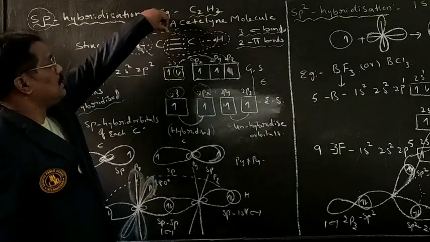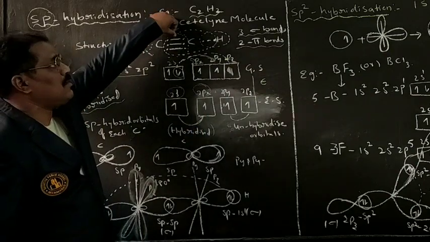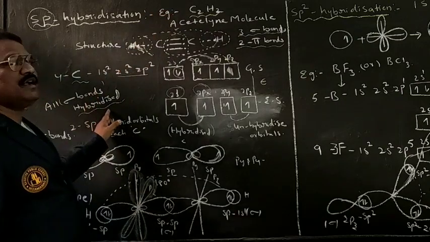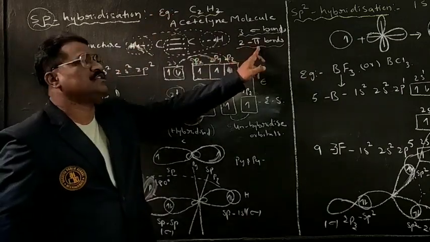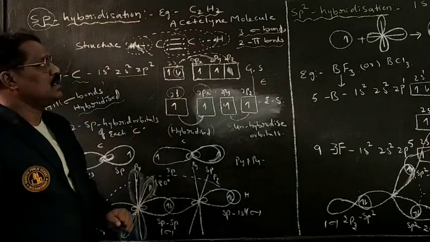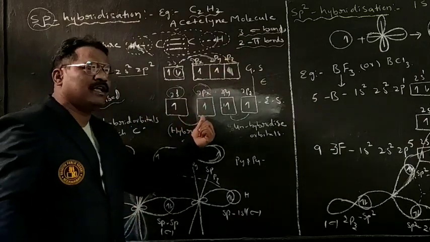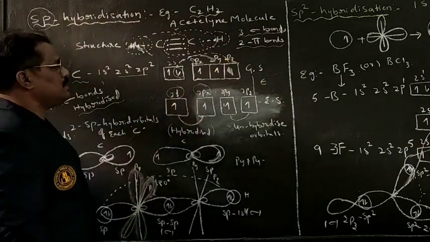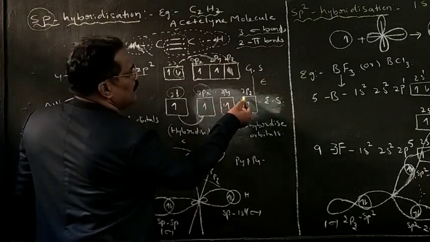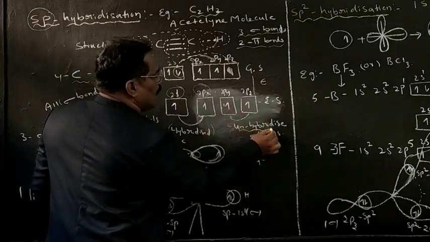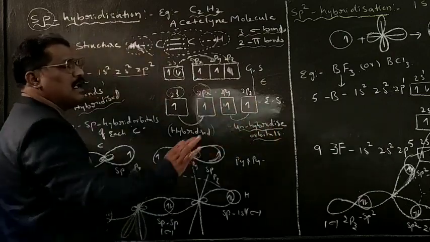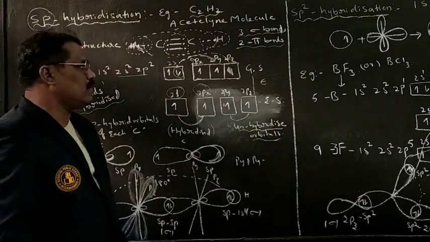Why? Because a sigma bond is forming between these orbitals. All sigma bonds will get hybridized, whereas pi bonds do not hybridize. That's the reason I have taken only s and p orbitals to be hybridized. The remaining 2py and 2pz are unhybridized and will remain as unhybridized orbitals.